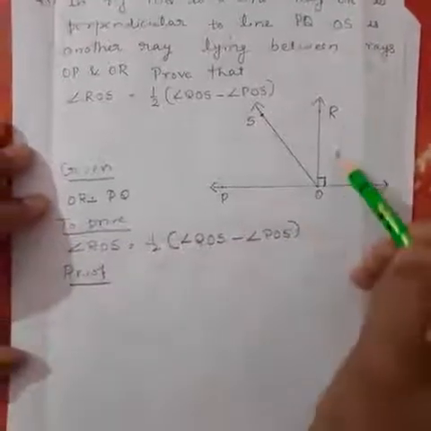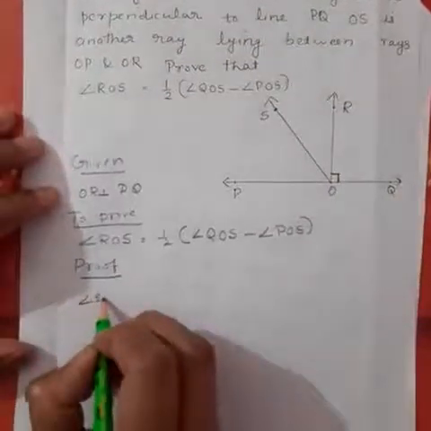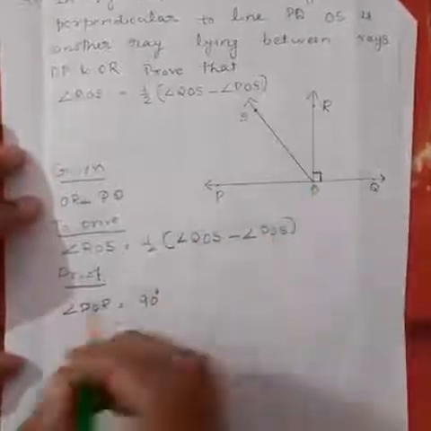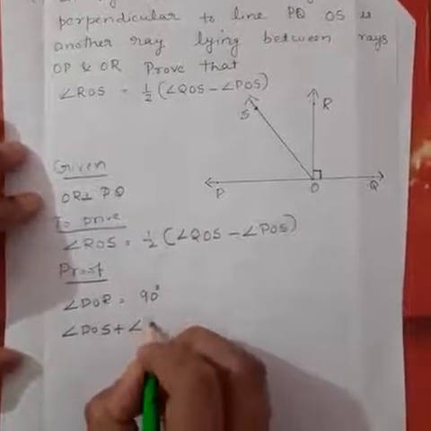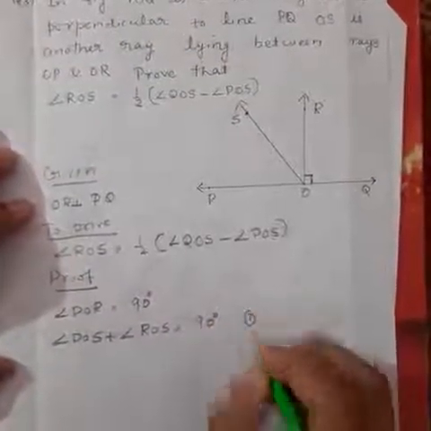Now, you know, since OR is perpendicular to PQ, then angle POR is equal to 90 degrees. That is, angle POR means angle POS plus angle ROS, that is equal to 90 degrees. Equation 1.